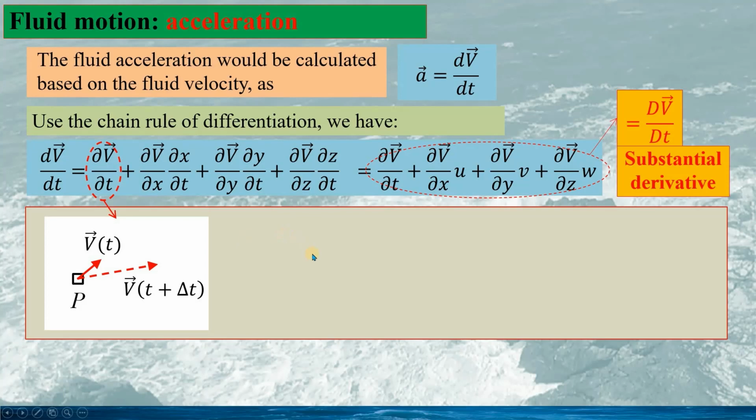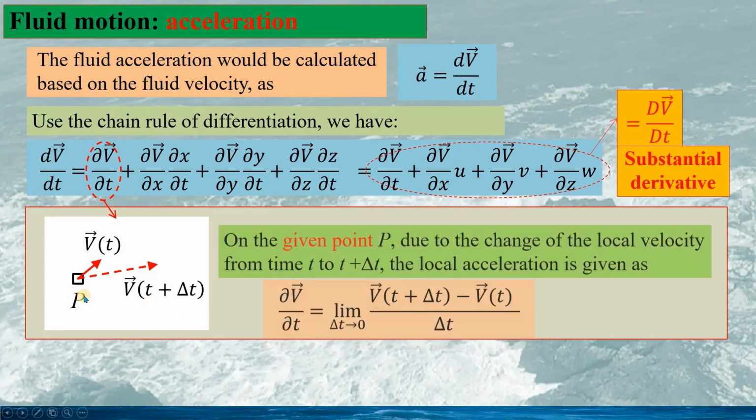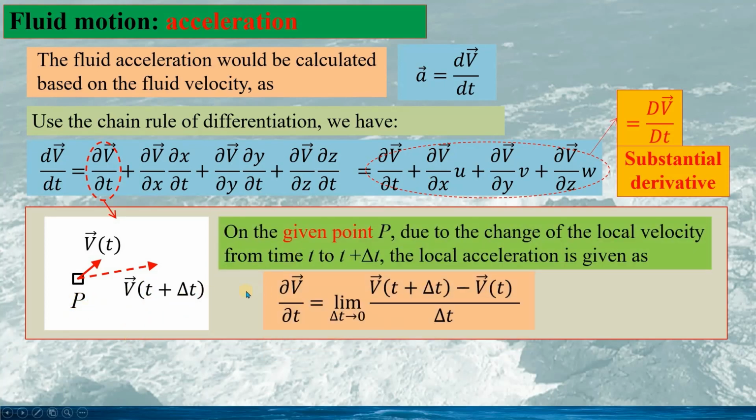Here, we will make the explanation what is the local acceleration. This part, the partial differentiation of the vector v with regard to time. This partial differentiation can be understood at the given position p, which is fixed in the fluid domain, and the local acceleration is due to the change of the local velocity vector v from time t to time t plus delta t.